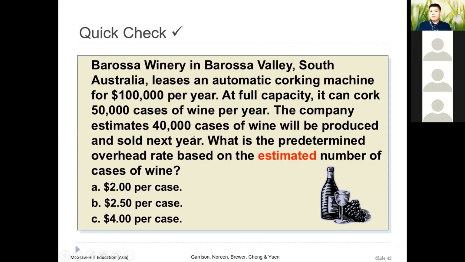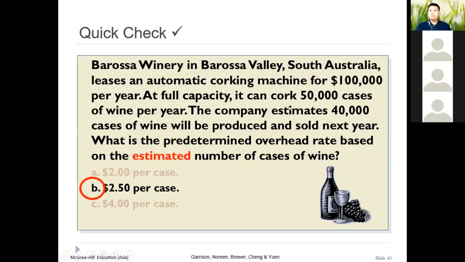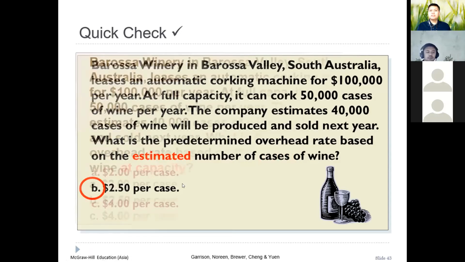The estimate is 40,000. Now, what is the predetermined overhead rate based on the estimated number? What will you use kung estimated? 40,000. What's your answer? What's the rate per case? Is that 100,000 divided by 40,000? That will give you 2.50 per case.